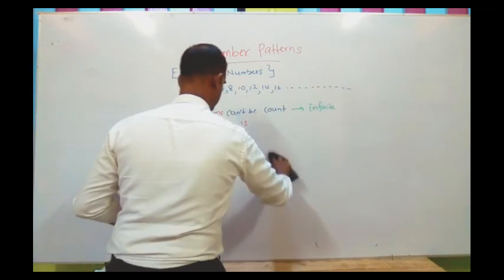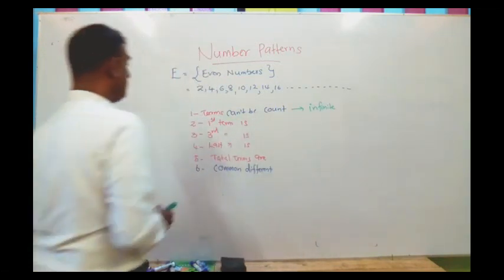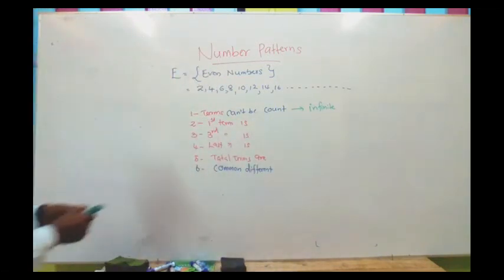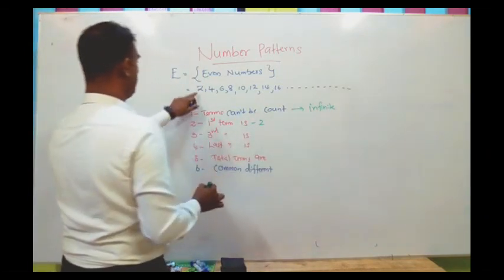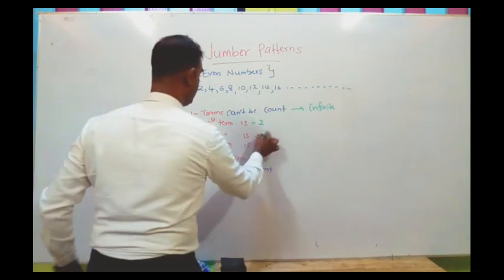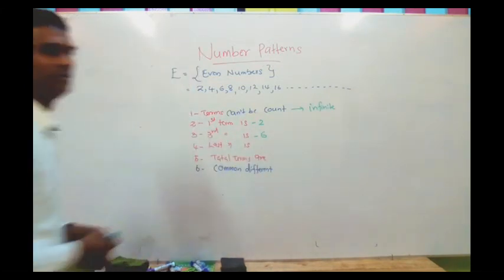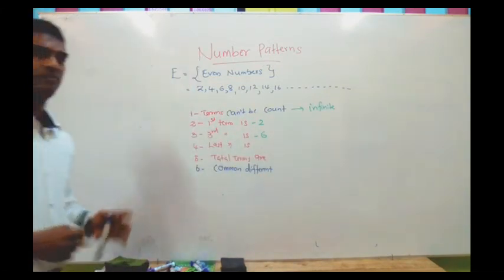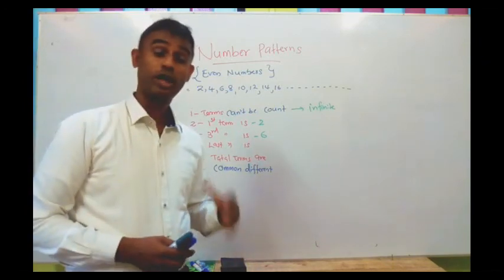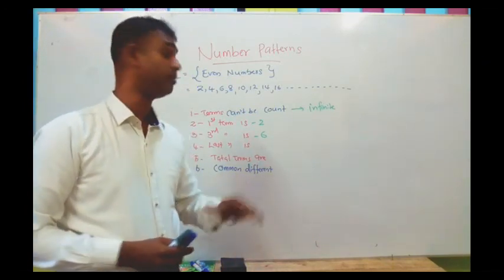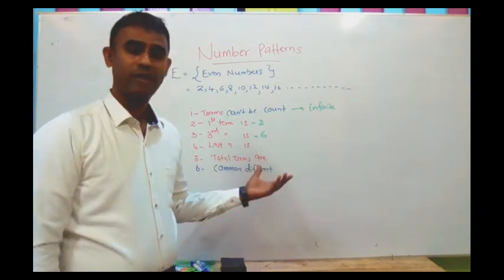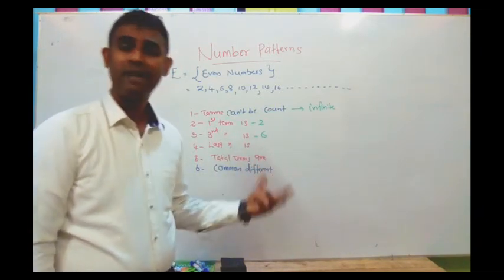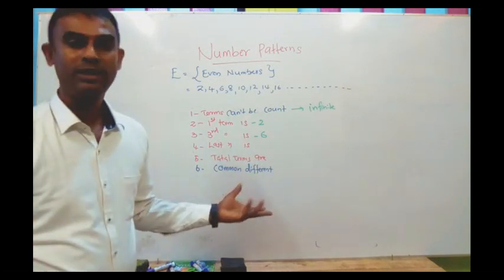Next one. We can say the first term is 2. Third term: 1, 2, 3, the third term is 6. The last term we can't tell. There is a method using technology to calculate the last term, but at this level we don't know the last term.